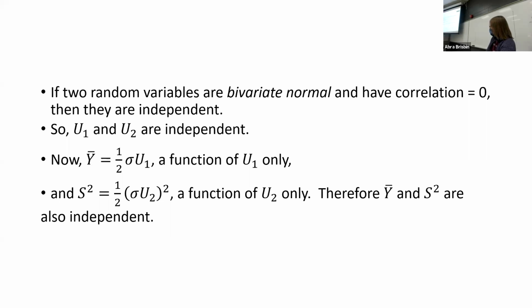So we showed that U1 and U2 are independent. And now we've showed that Y bar is a function of just one of them, and S squared is a function of just the other of them. So that shows us that Y bar and S squared are also independent. Questions about this?